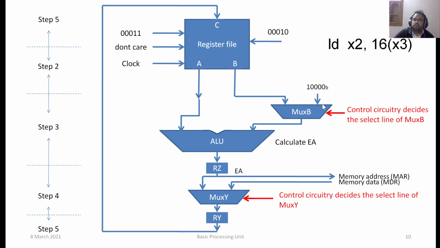So here the control circuitry would signal that the immediate value needs to be picked as an input to the ALU, and in step 4 it will generate the signal so that the value in MDR is written to RY, and in step 5 RY would be the input terminal C for the register file. So in this way we can execute the load instruction.